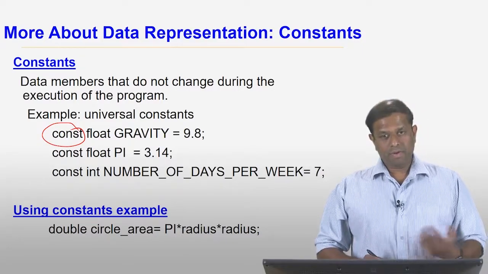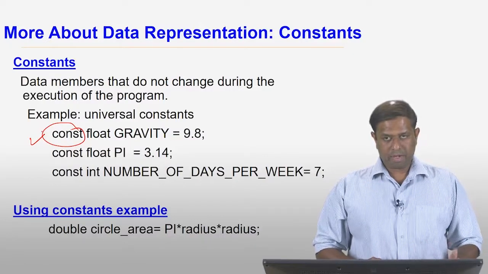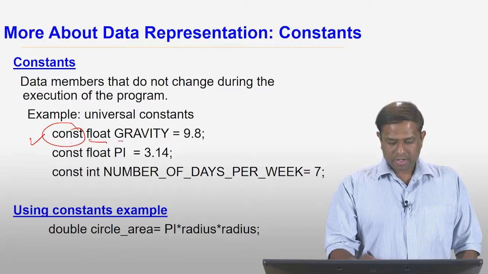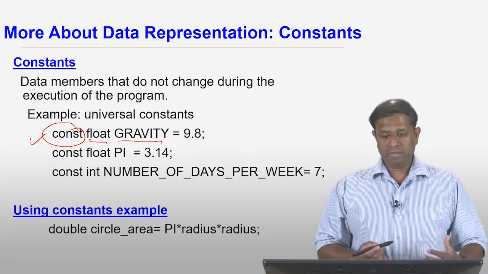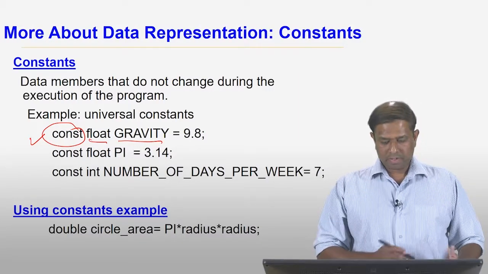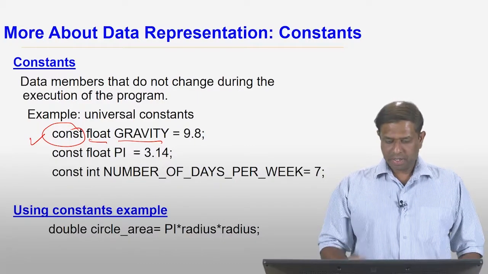Usually when defining constants, we use the constant keyword, then the data type, and then the constant name. Constant names are usually designated with uppercase letters altogether, which distinguishes constants from variables.